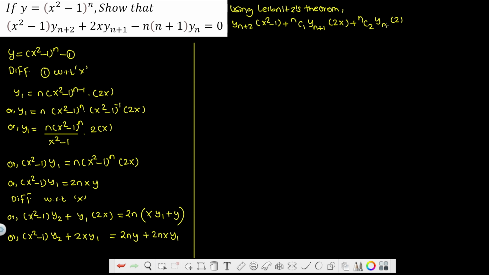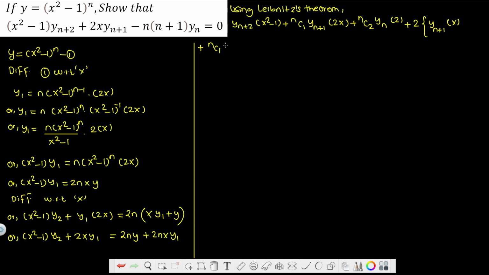So after reaching yn, we have to stop for this term and write plus and proceed for this second term. Write 2. Now similar to previous step, since we have y1 here, write y n plus 1, keeping x as it is, plus write nC1.